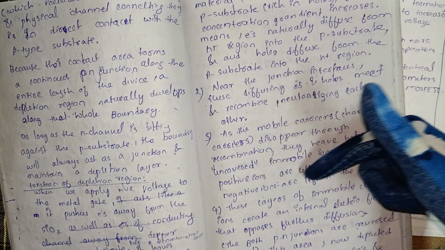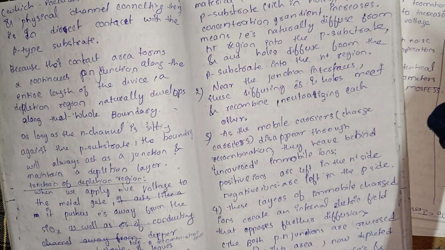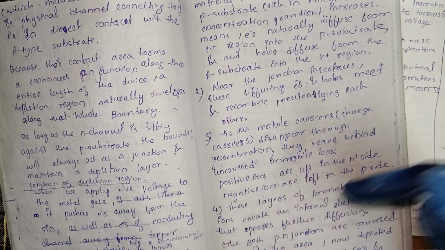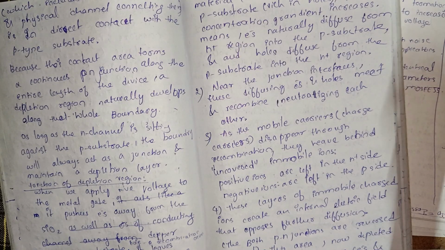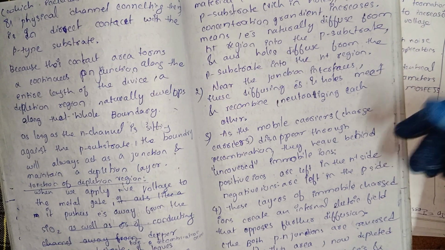So here, positive ions means positive donor ions, which are left inside, and positive donor ions are left in the n side. Okay, why are they left in the particular sides?